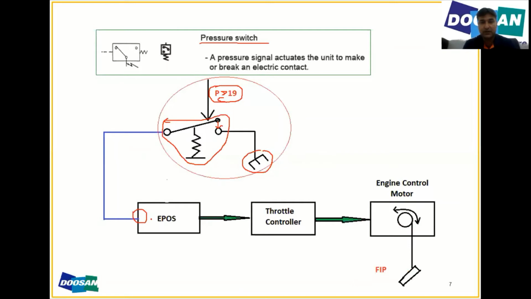In this way, the engine RPM either increases or decreases. When you are not working and the machine is idle, it decreases, but when you start work, it increases. So this is the shortcut for understanding how the auto idle system is working.